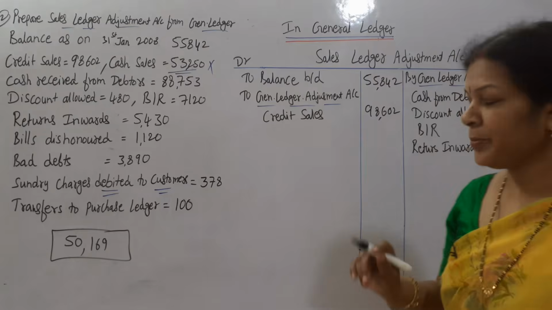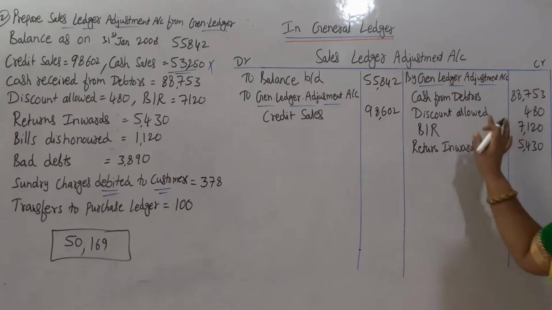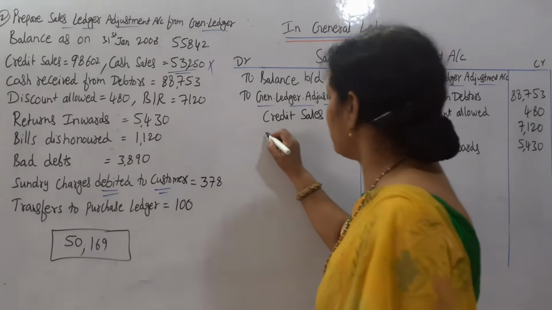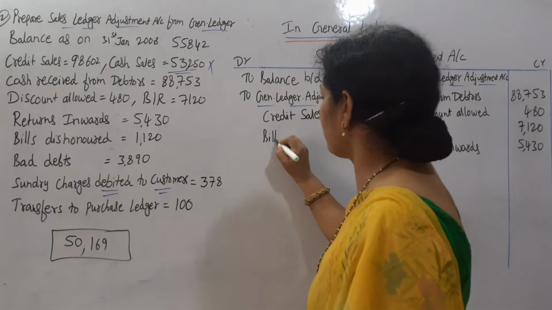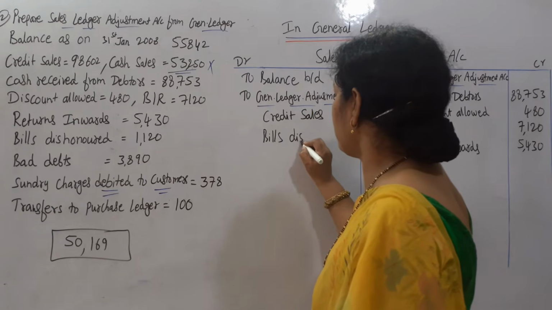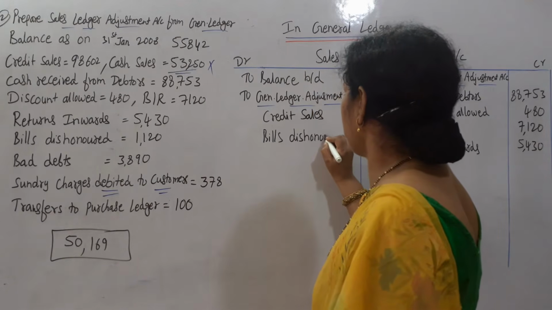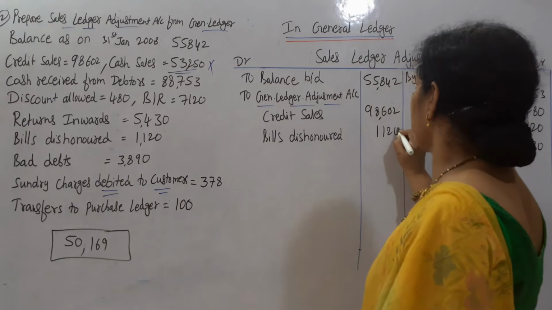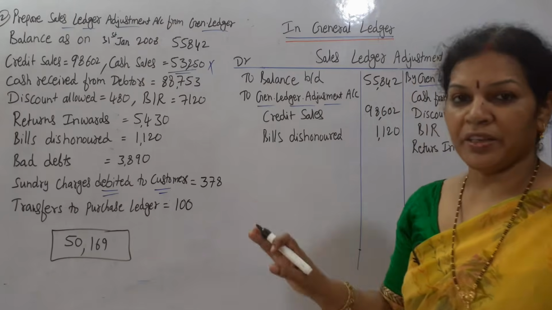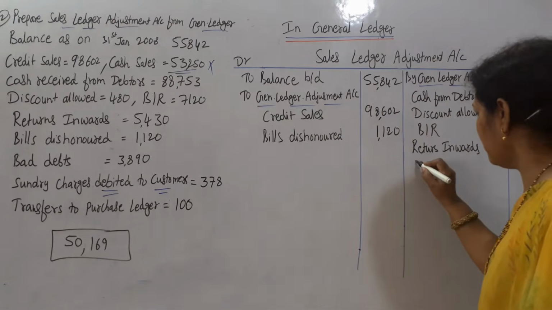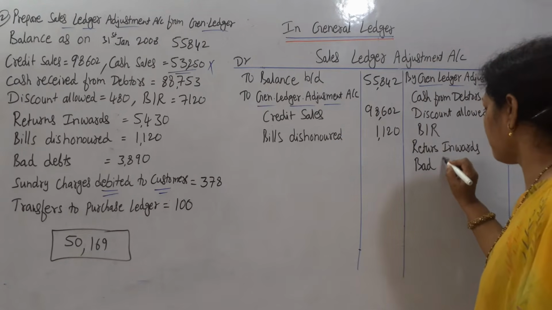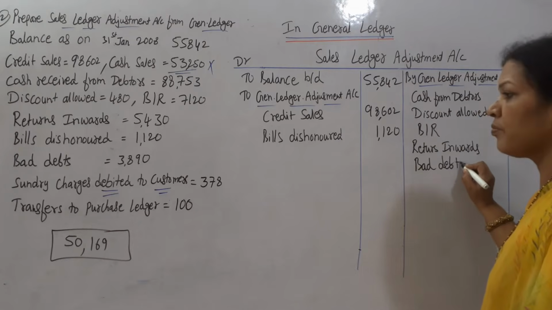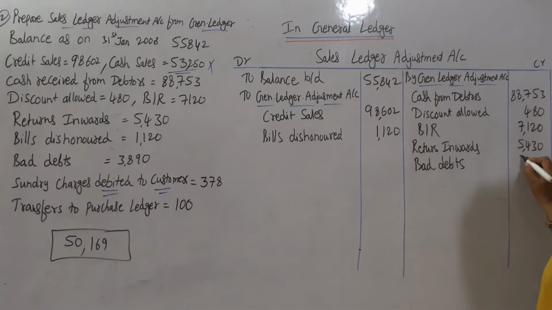Bills dishonored. When the bill was honored, credit side. Dishonored means debit side. Bills dishonored 1,120. Next, bad debts. Bad debts always credit side. So bad debts 3,890.